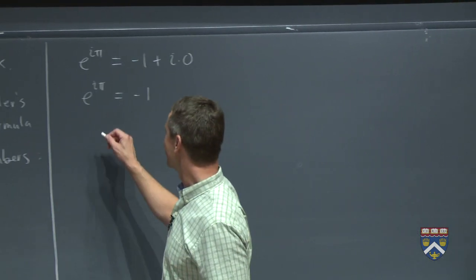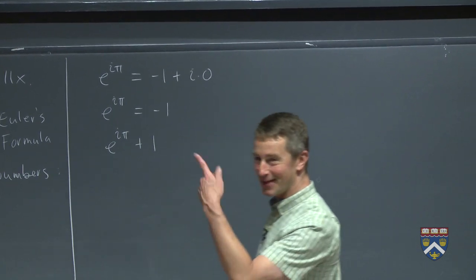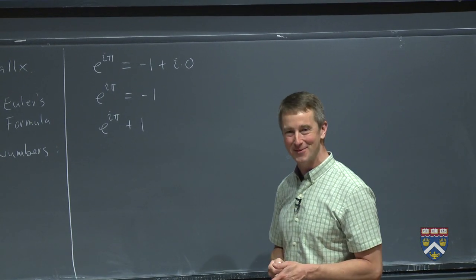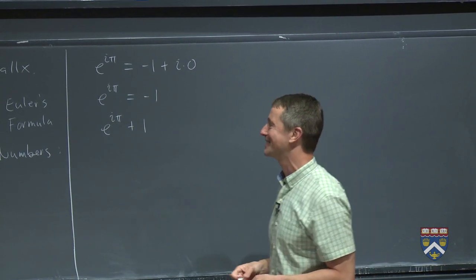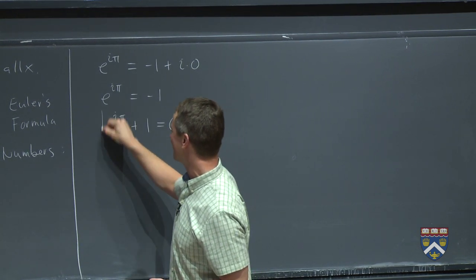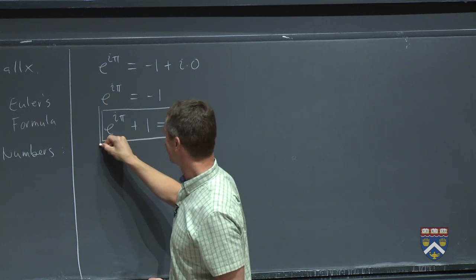But wait, what if we move that 1 to the left side of the equation? We put 4 of your 5 numbers together on the left side of the equation, and guess what they equal on the right side of the equation? They equal your 5th number. This deserves a double box.